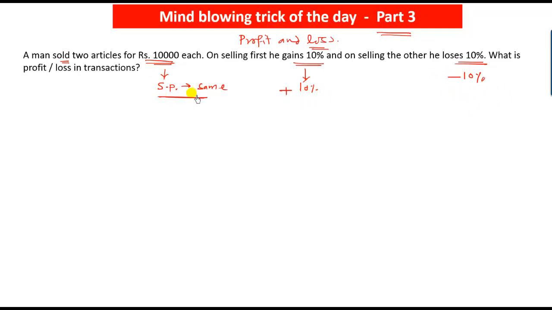Here you have to keep 3 conditions in your mind to apply the trick: the selling price should be same, and the profit percent and the loss percent should also be same.